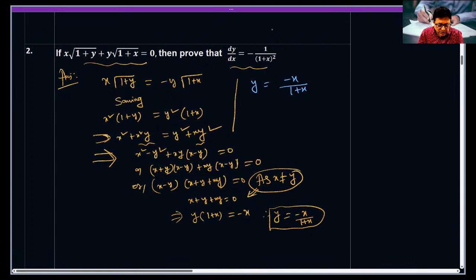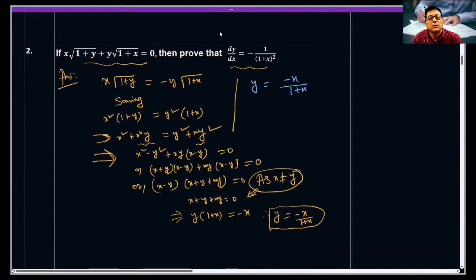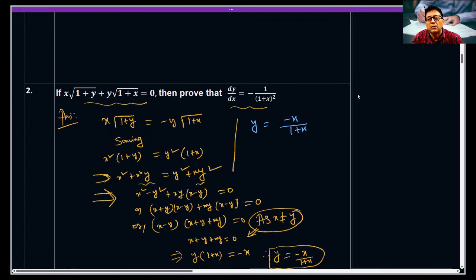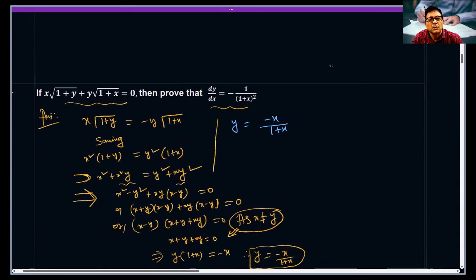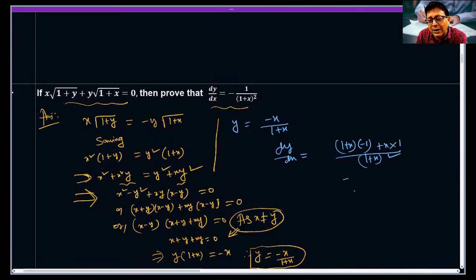Do complete it. I will wait. Check whether it's coming or not. Yeah, just differentiate. dy by dx equals, 1 plus x whole square, minus minus plus x into 1.